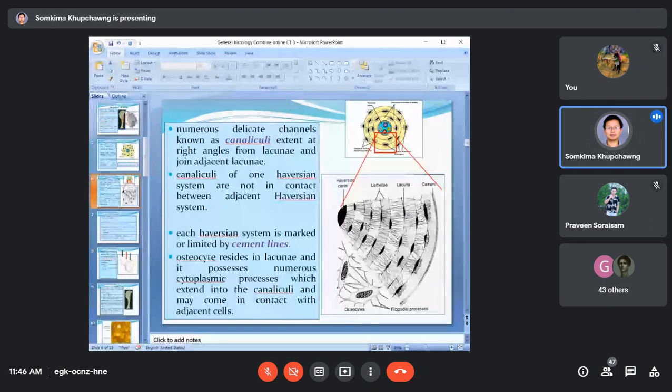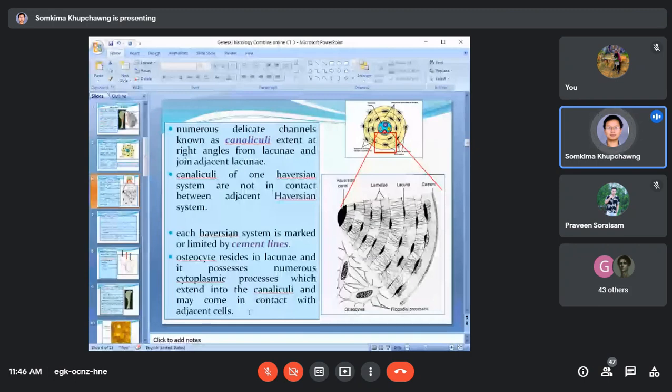Osteocytes reside in the lacunae, and they possess numerous cytoplasmic processes, which extend into the canaliculi and may come in contact with the adjacent cells. Inside the lacunae, the osteocyte has so many cytoplasmic processes, and those processes are accommodated in the canaliculi.